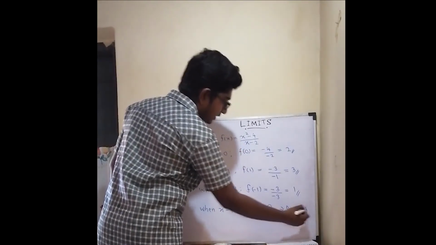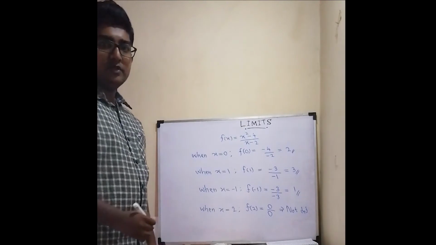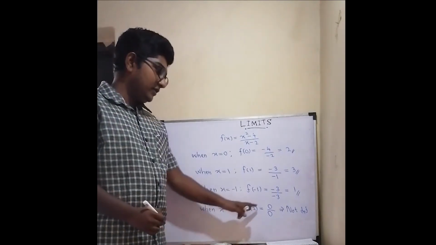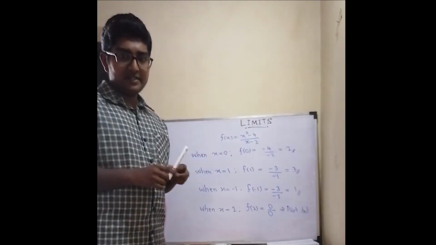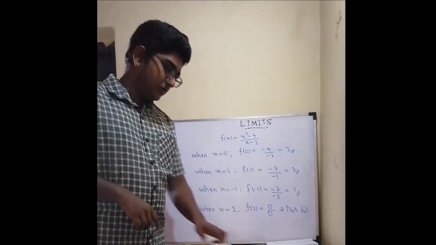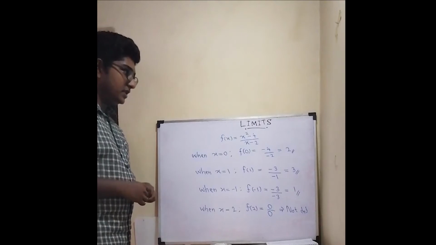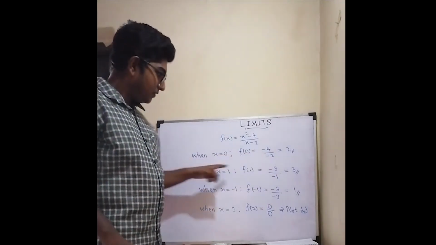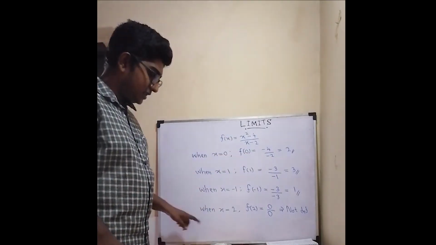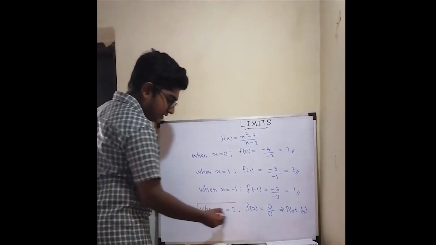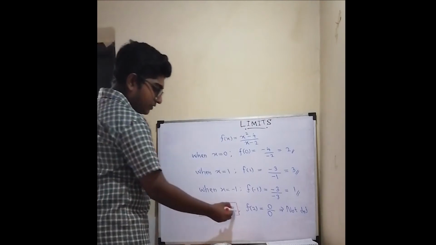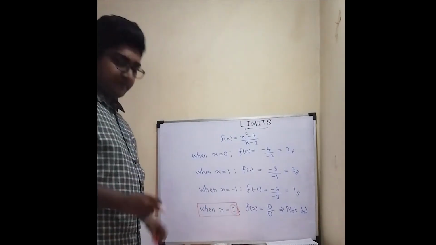It is not defined. You know, in mathematics, if denominator becomes 0, we can't obtain an answer. It is not defined. So this f of x function had answers for all these values except for this one. That means this function is not defined for this x value.